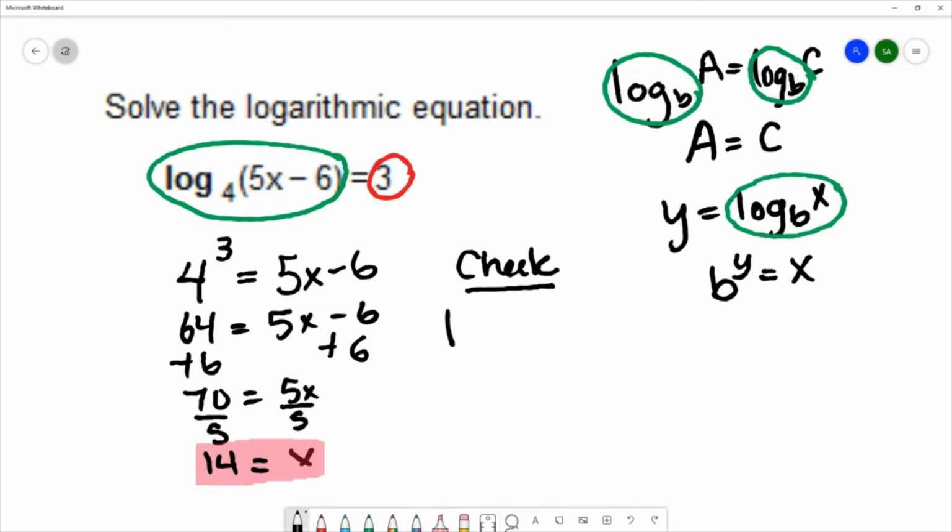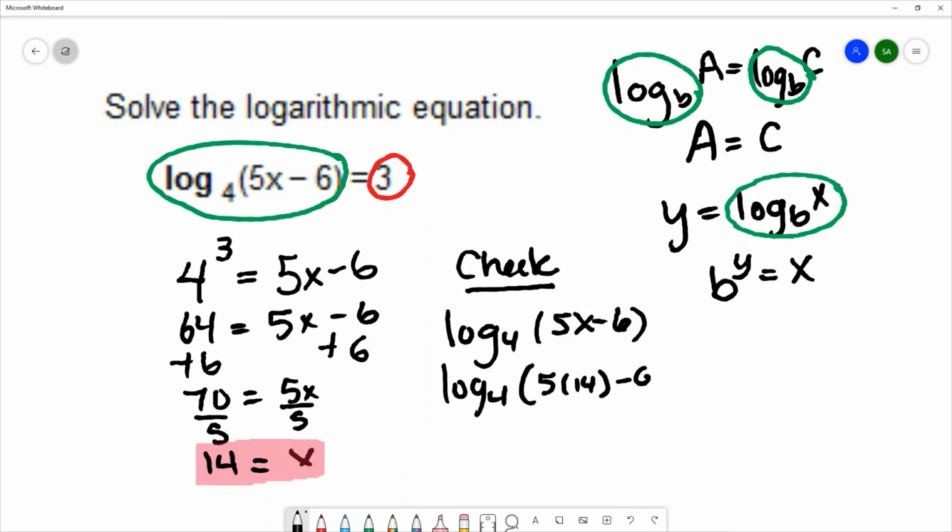So our log is log base 4 of 5x minus 6. We want to substitute that value of 14 in for x. We have 5 times 14 minus 6, and that's going to be 70 minus 6. And what we're looking for is it to be a positive value.